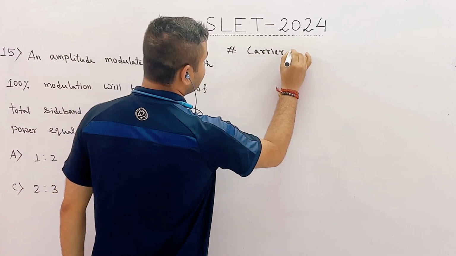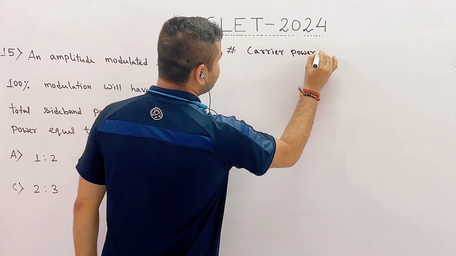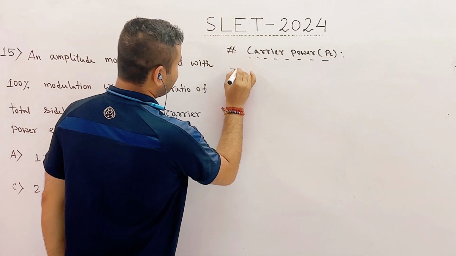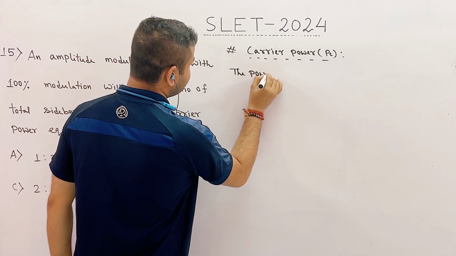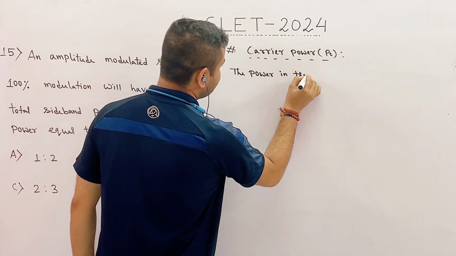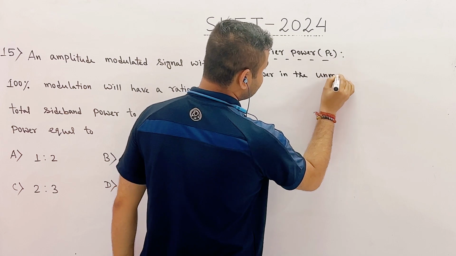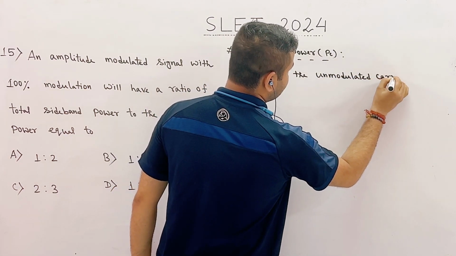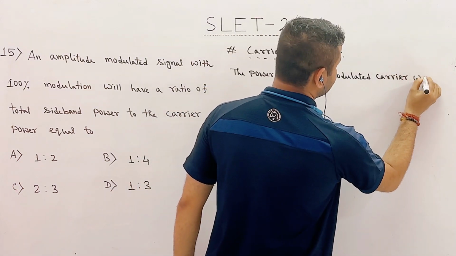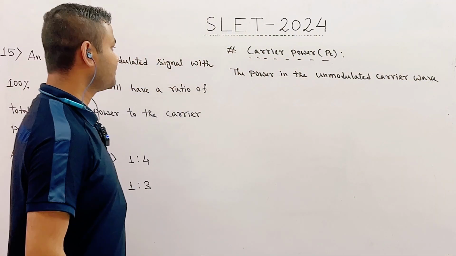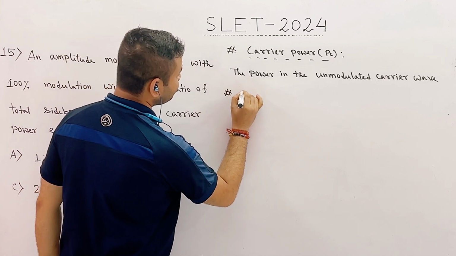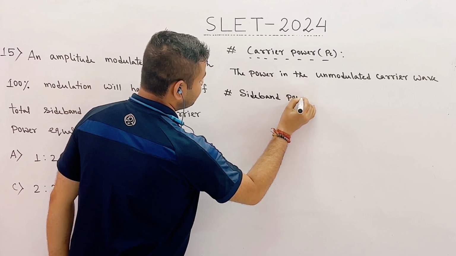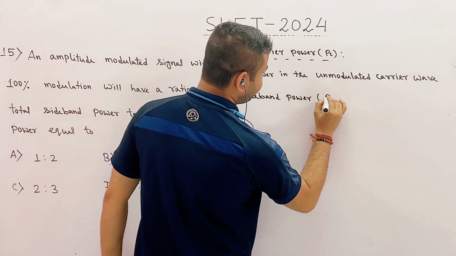Carrier power, it is denoted by Pc. The power in the unmodulated carrier wave is known as the carrier power. Next, sideband power, it is denoted by Psb.